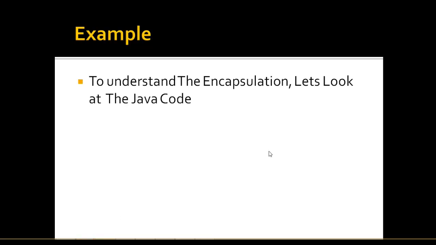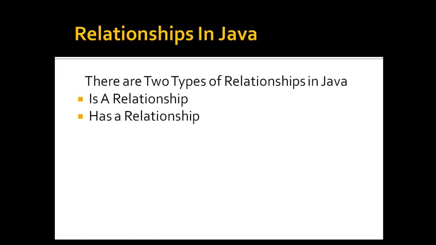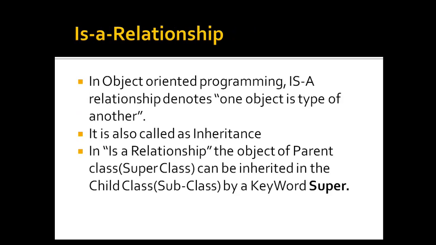Now we'll move toward our next topic, which is relationships. There are two types of relationships: is-a relationship and has-a relationship. In object oriented programming, an is-a relationship denotes that one object is a type of another.